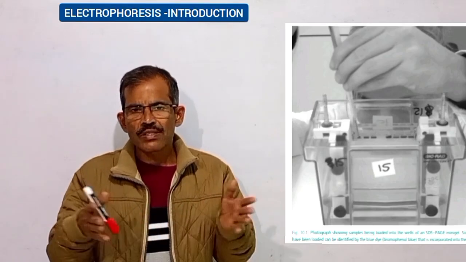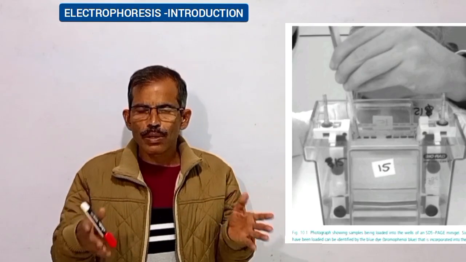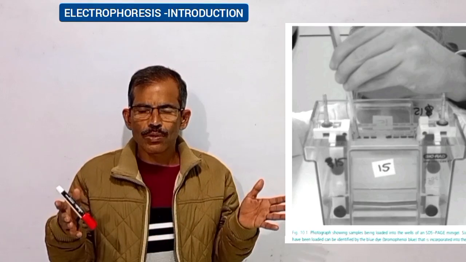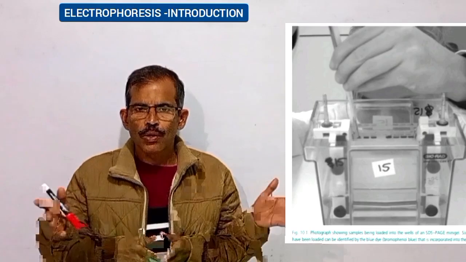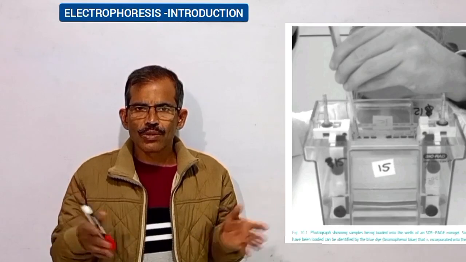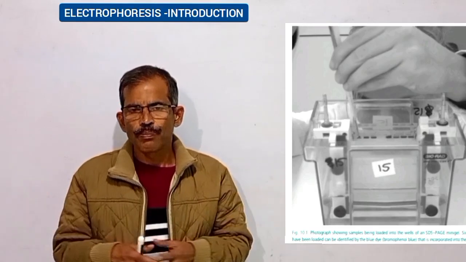Under the influence of the electric field, the charged particles will migrate either to the positively charged electrode known as anode or to the negatively charged electrode known as cathode, based on the nature of the net charges.